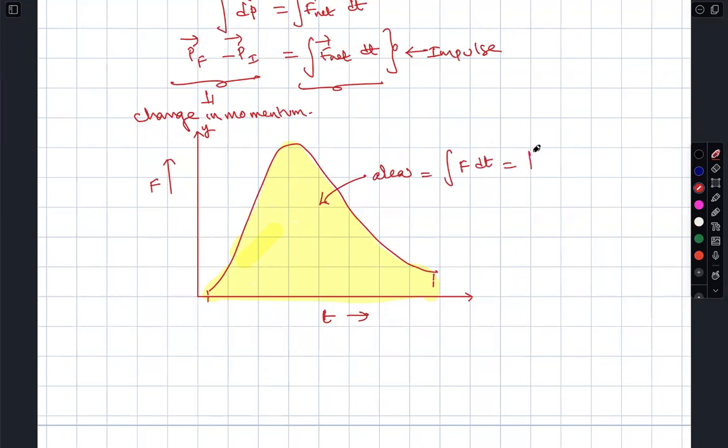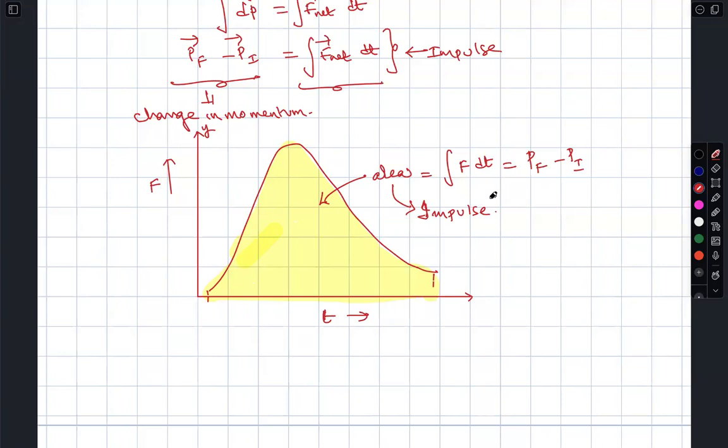This is nothing but change in momentum. That area is called impulse. Okay, so this is the introduction to Newton's second law.